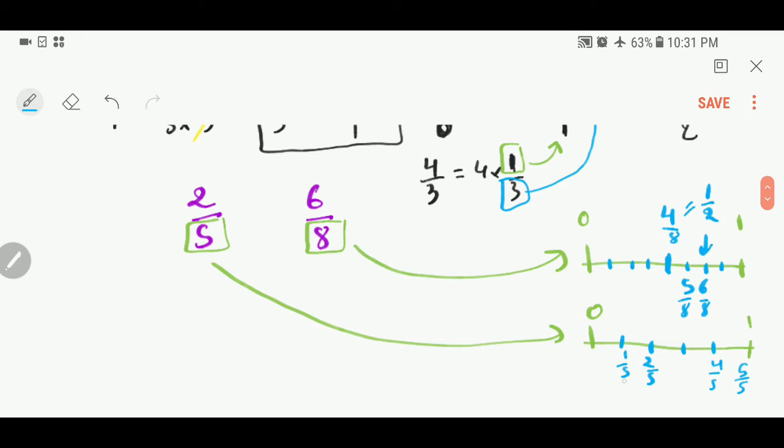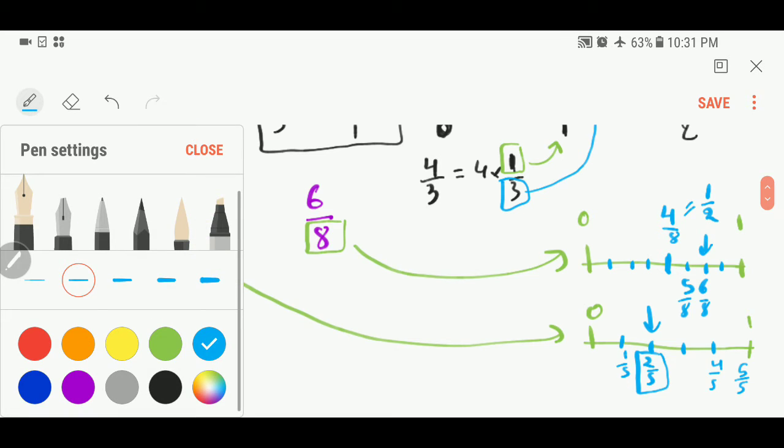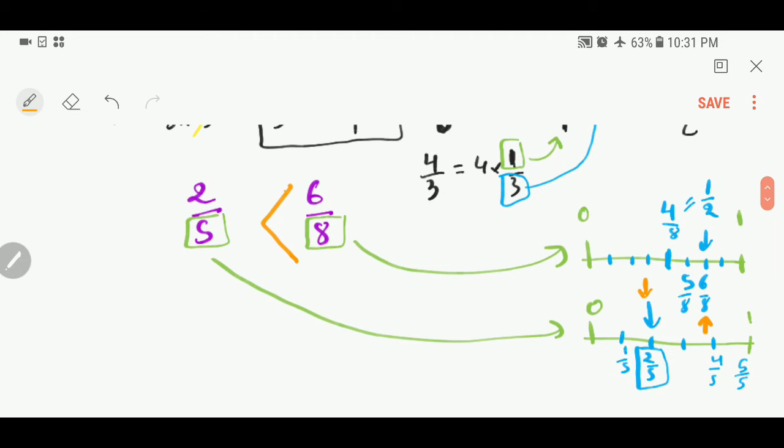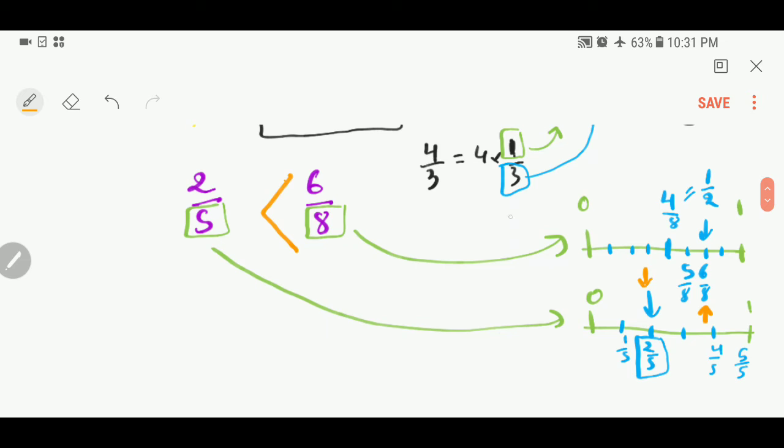So we just need 2/5. 2/5 is here, so we can tell that 2/5 is less. You can compare them from here. See, 2/5 is here, and 6/8 is here. So 6/8 is greater. If you can use this strategy with all the numbers, it's going to be easy.